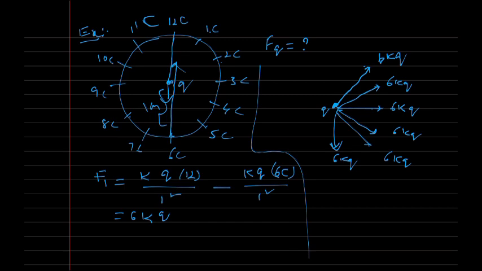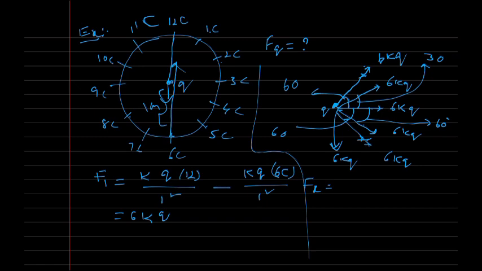If you clearly observe, the vertical components of this one and this one cancel out. So when it comes to the net x component, what is the angle here? It is 60, it is 30. Similarly this is 60, this is 30 again. So vertical components cancel out.